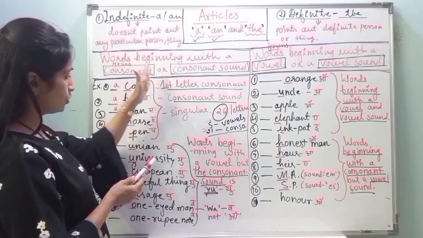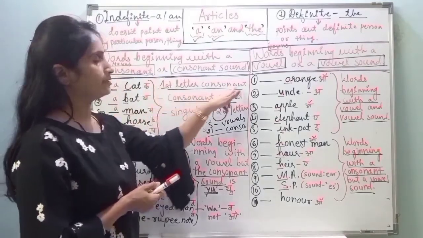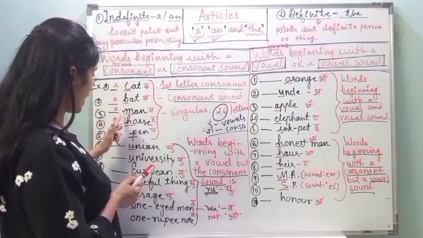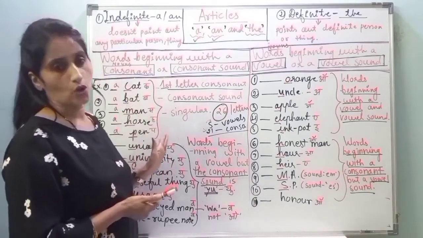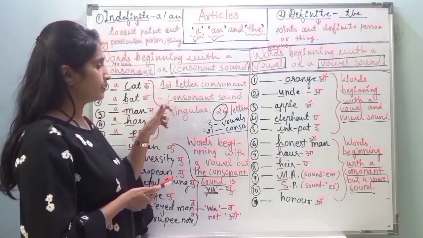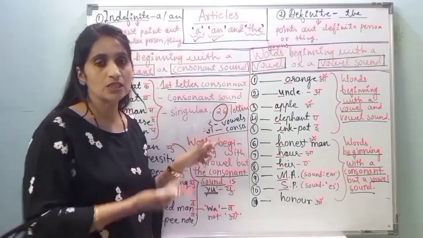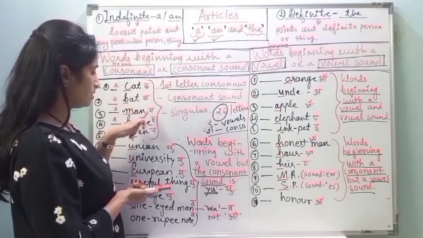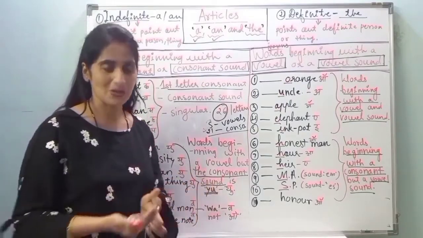Okay, so what you have understood from this? Number 1, first letter is a consonant. C, B, M, H, P. These are the consonants. Then they begin with a consonant sound. So K, B, M, H, P. These are the consonant sounds.